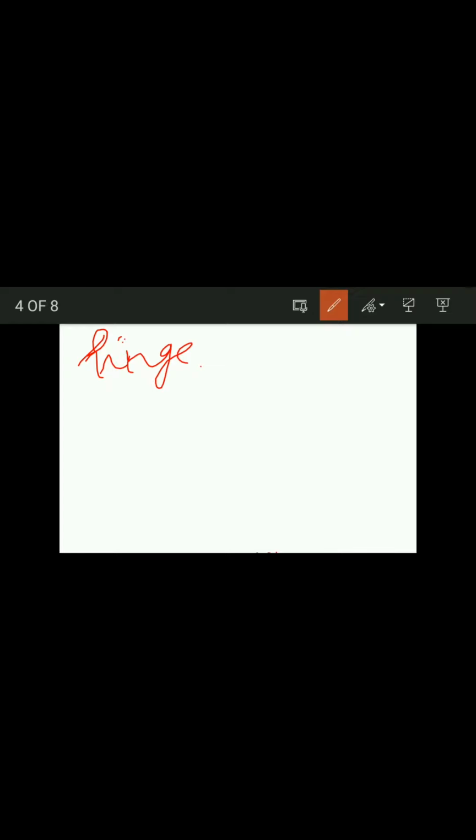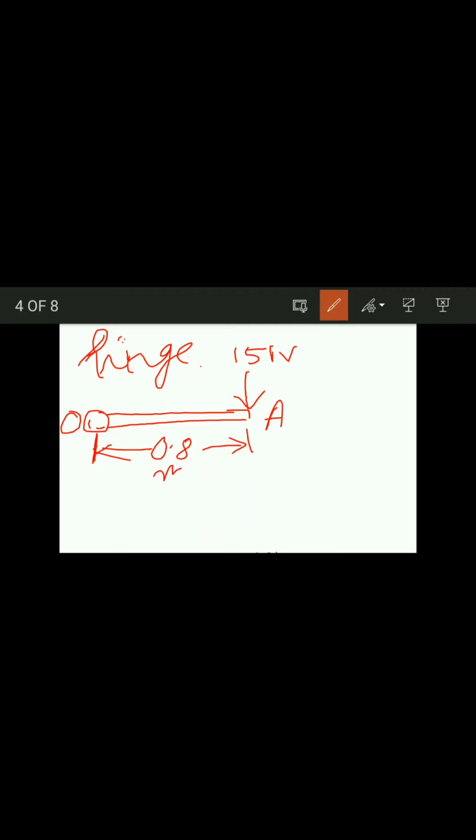The diagram in the first case is like this: this is the door, a 15 Newton force is being applied here, and the distance between the hinge and the point of application of the force, or the edge of the door, is 0.8 meter.